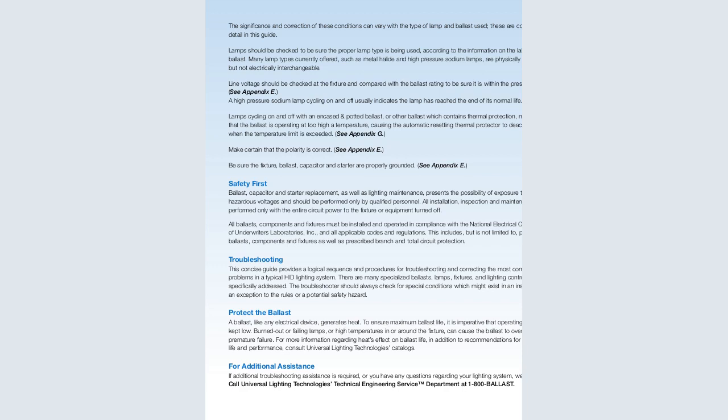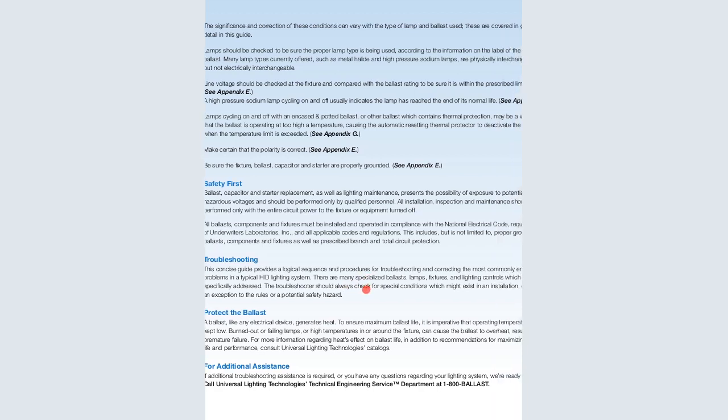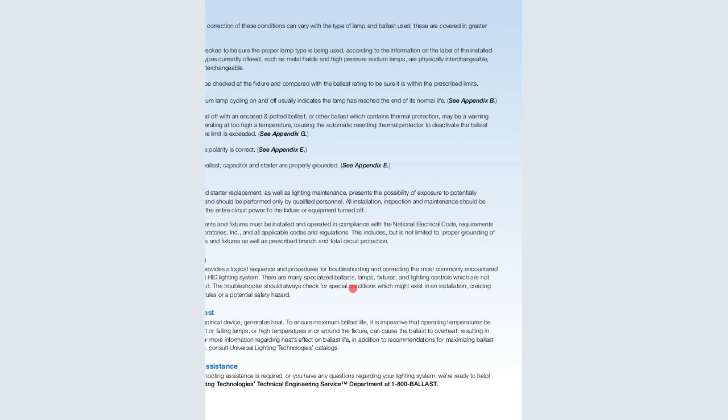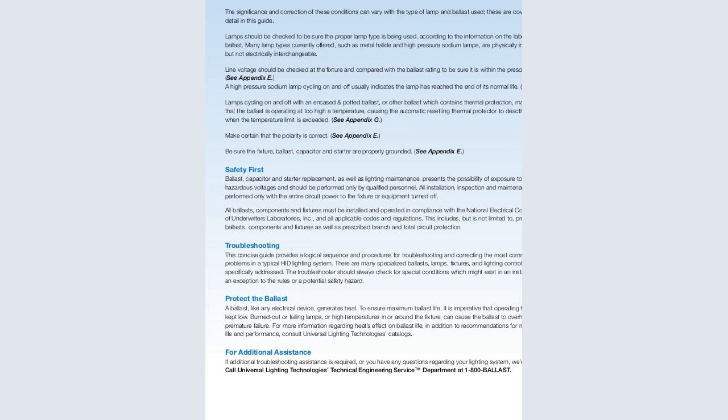So the significance and the correction of these conditions can vary with the type of lamp and ballast used. These are covered in greater detail in this guide. Lamps should be checked to be sure the proper lamp type is being used.